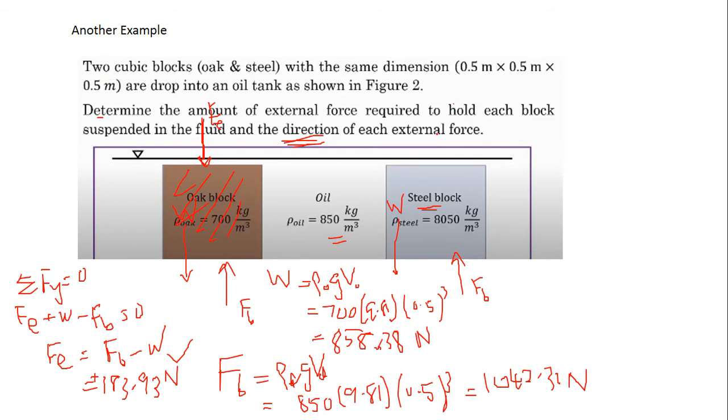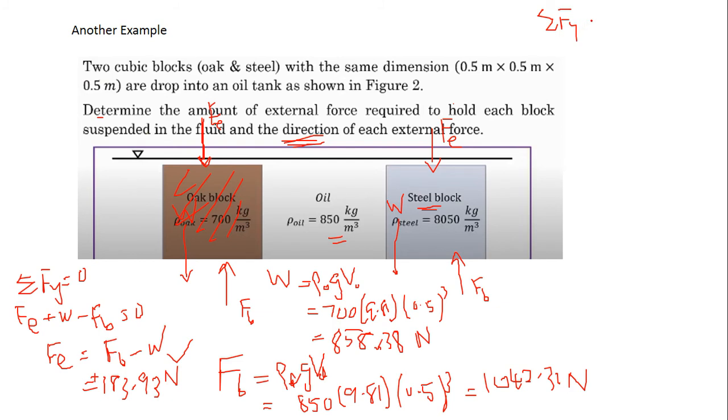And your external force, what direction you want to assume? Upward or downward? Doesn't matter. Choose only one. Going down. Okay, you assume down. Okay, now you write your equation. How? Summation Fy equal to 0.